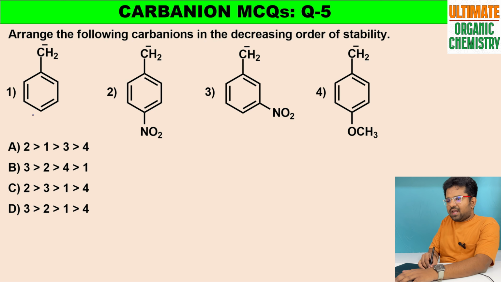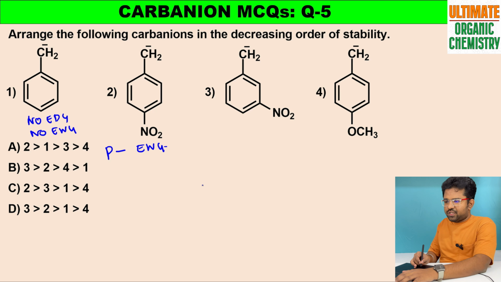The first carbanion has no electron donating group and no electron withdrawing group. Second one has electron withdrawing group which is connected to para position. Third one has electron withdrawing group which is connected at meta position. Fourth one has electron donating group which is connected at para position. So there is only one electron donating group, so no need to look at the position of the electron donating group.